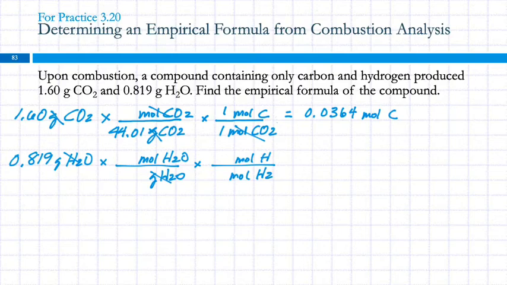How many moles of hydrogen in a mole of H2O? 2. It's right there in the formula. Then I need the molar mass of water, 18.016. I use that one so much I remember it. 0.819 divided by 18.016 times 2.